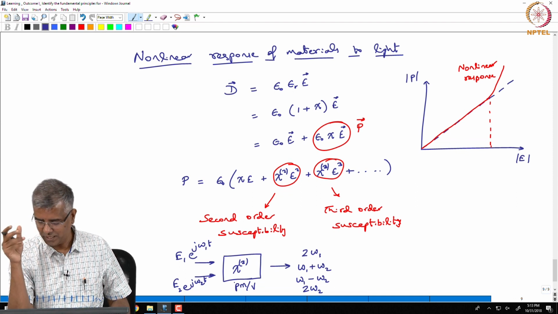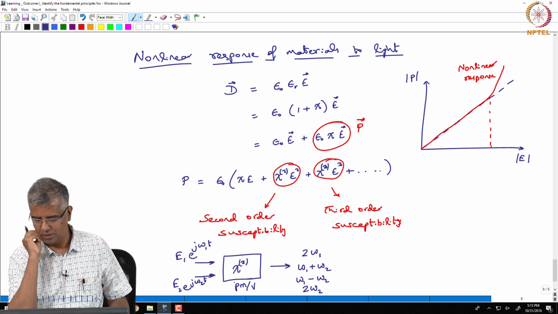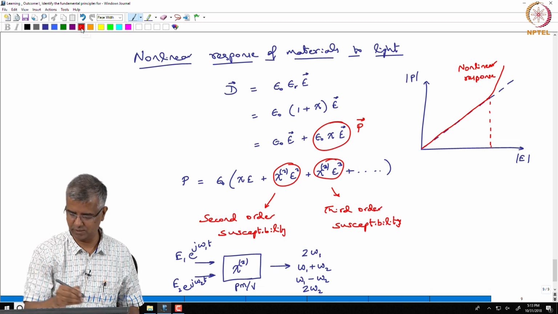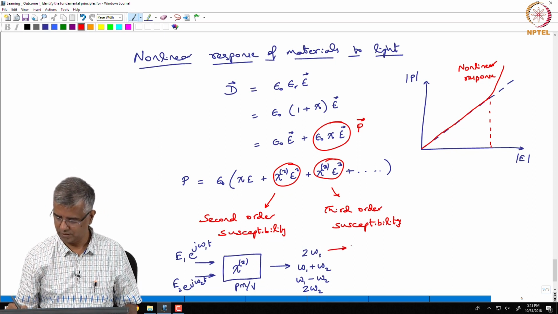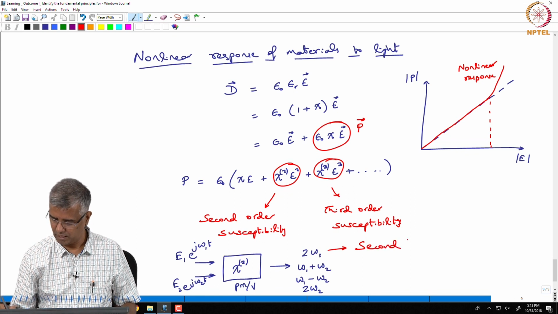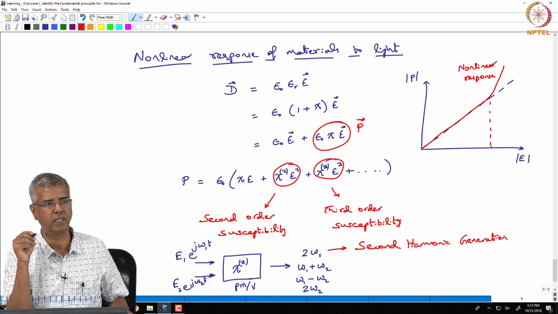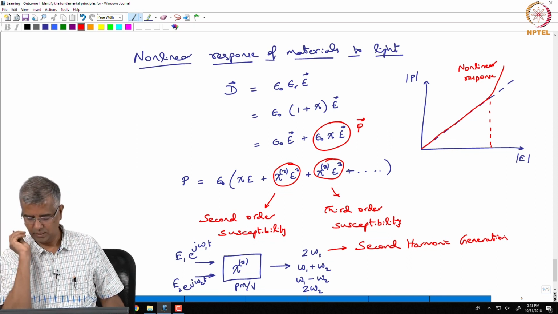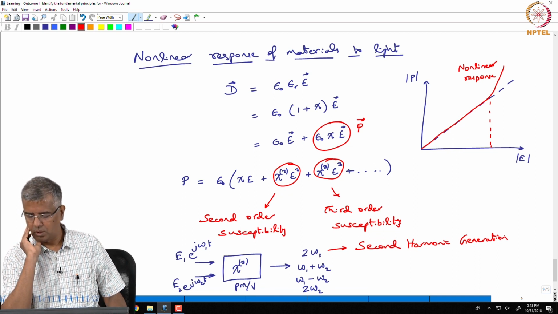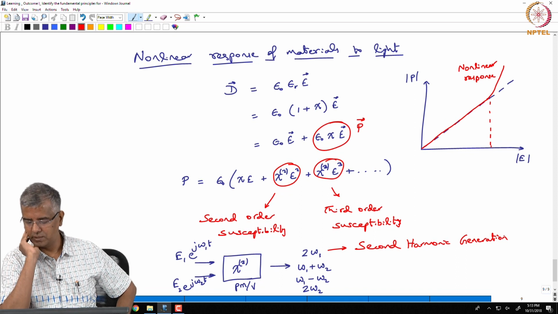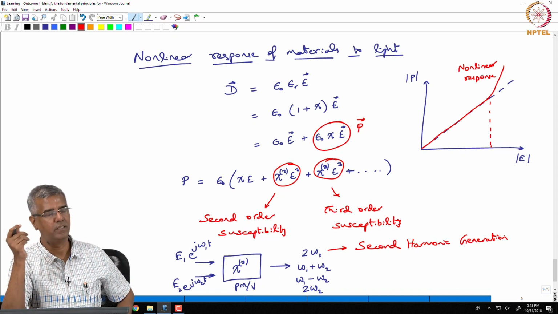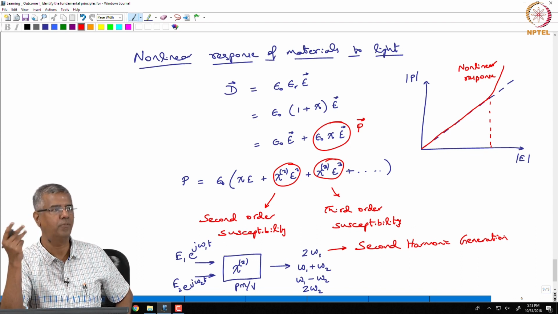So, where do you see 2ω1 or 2ω2 becoming useful? That is actually what we call second harmonic generation, right. So, clearly 2ω1 corresponds to the second harmonic of ω1. So, you have second harmonic generation. So, twice the frequency, what would that mean in wavelength? Half the wavelength.